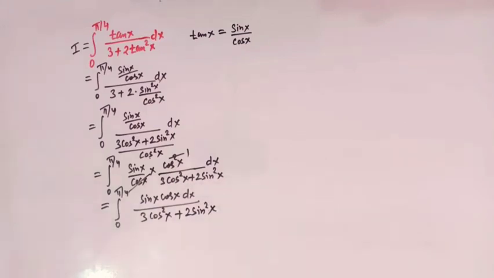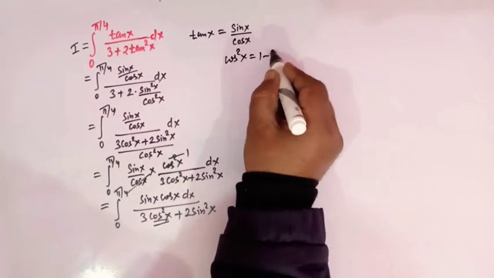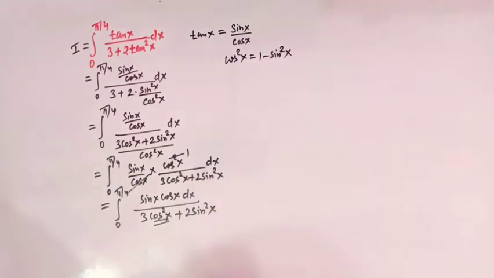Now see, here we have the combination of sin x and cos x, right? So in the denominator, we'll take cos square x is equal to 1 minus sin square x, right?